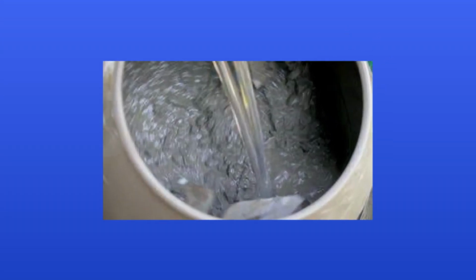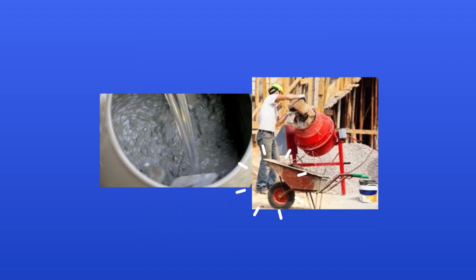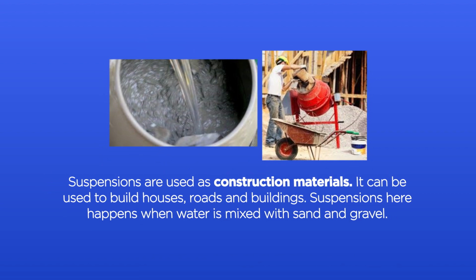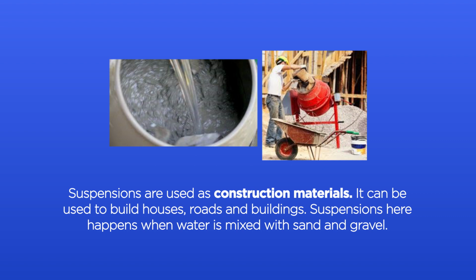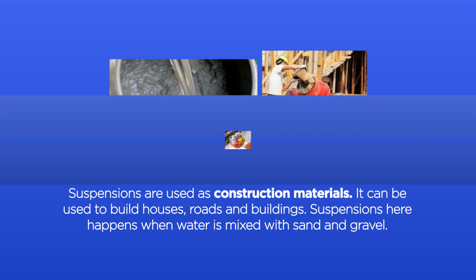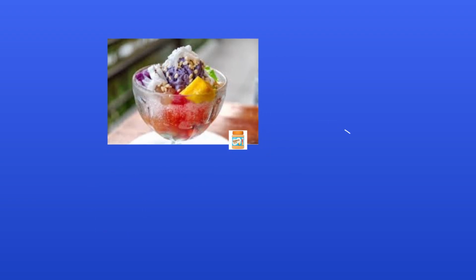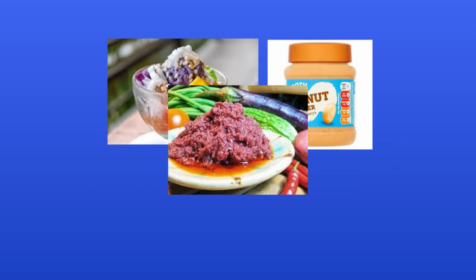This time, let us talk about the uses of suspensions. Suspensions are used as construction materials. It can be used to build houses, roads, and buildings. Suspension here happens when water is mixed with sand and gravel. Food that we eat, like halo-halo, peanut butter, and bagoong.